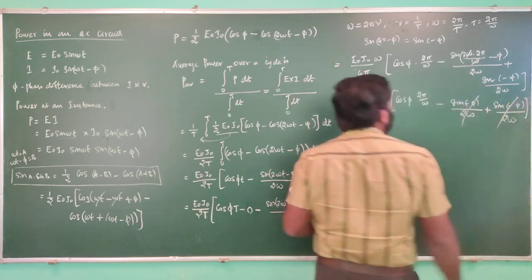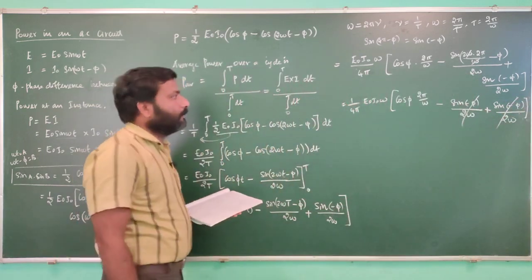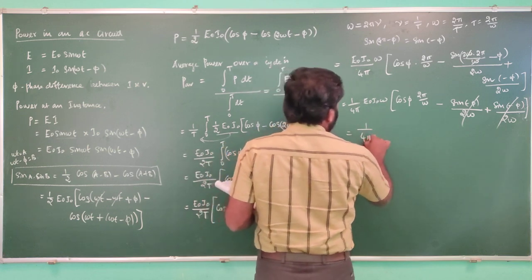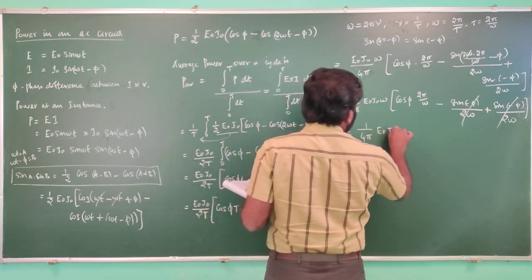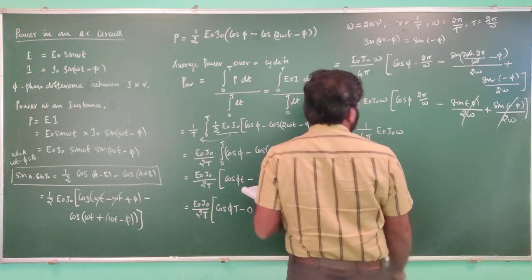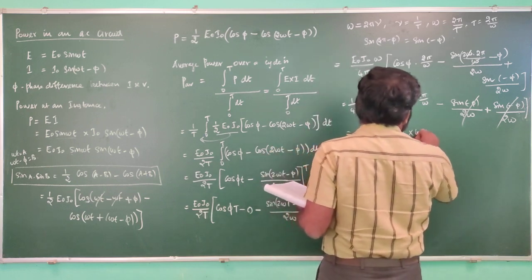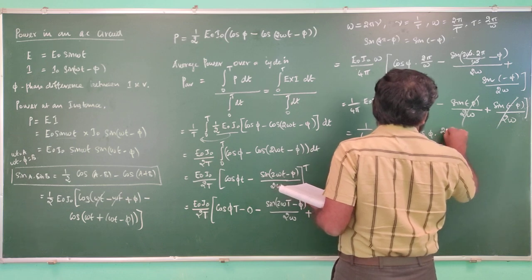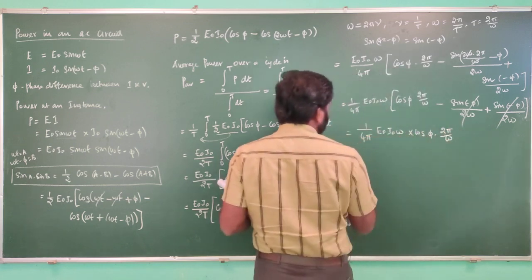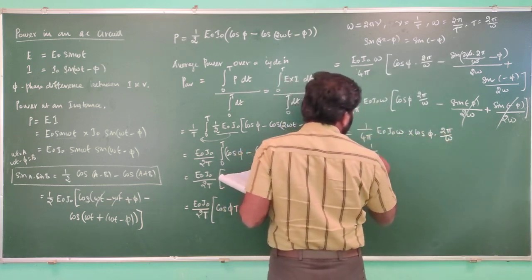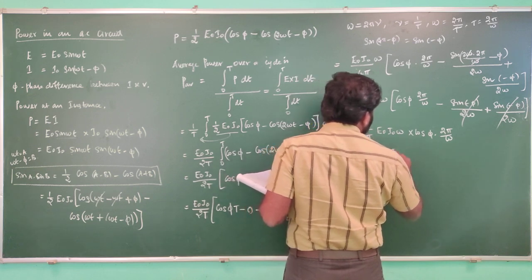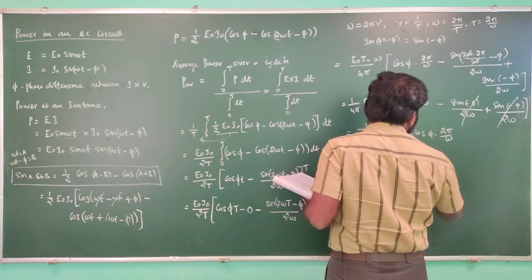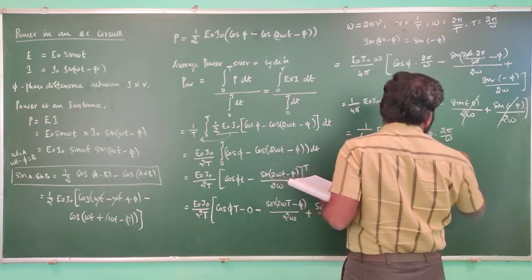So this will cancel out. So what's remaining? 1 by 4 pi E naught I naught omega multiplied by cos pi into 2 pi by omega. So we can rewrite this as 1 by 4 pi E naught I naught omega into 2 pi by omega multiplied by cos pi.